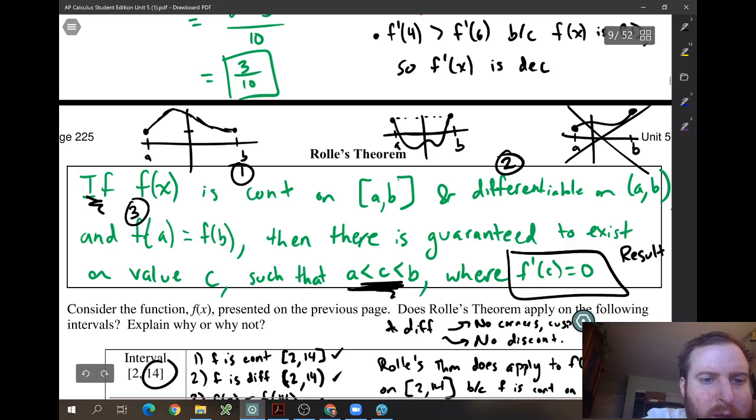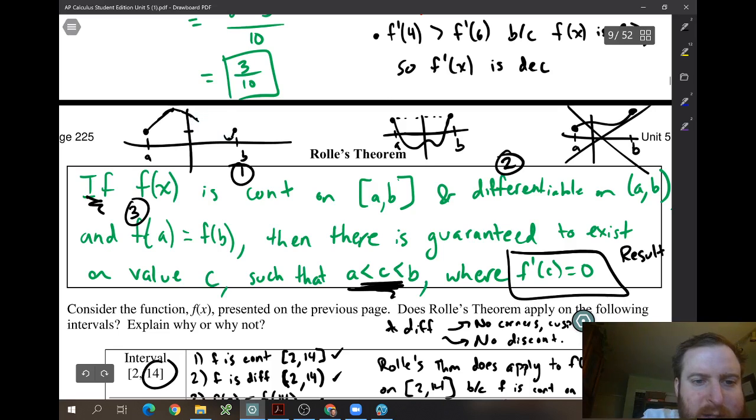Now, it could happen more than once. We could go up and go up again, we could go down and go up again, and then this time we have 1, 2, 3, 4 of those horizontal tangents.